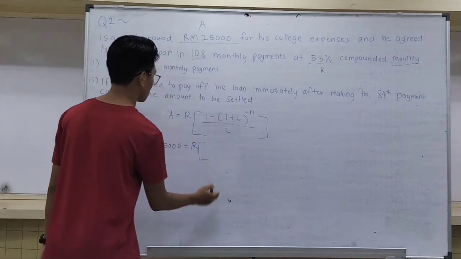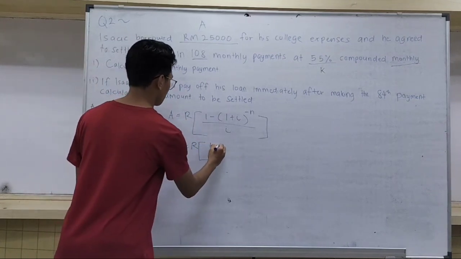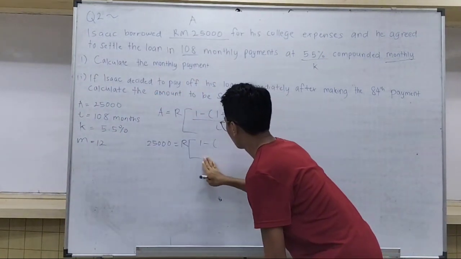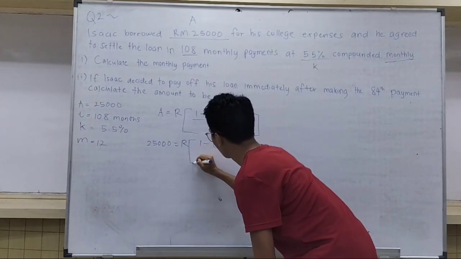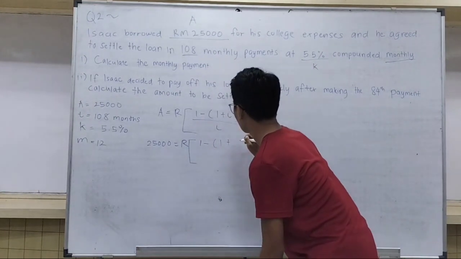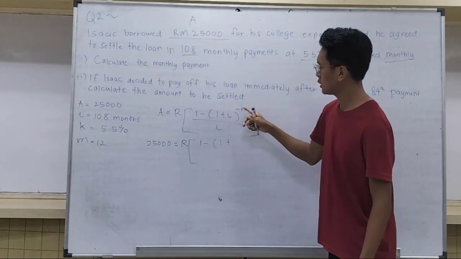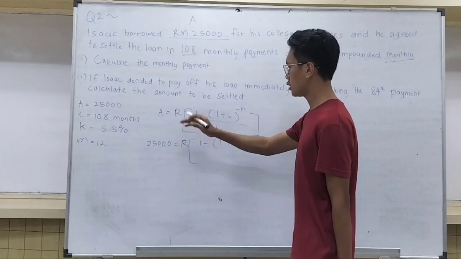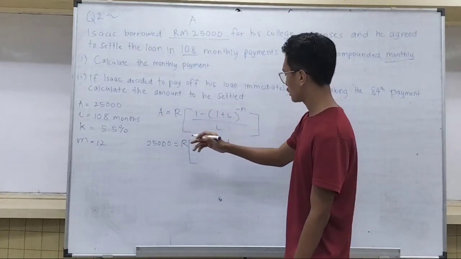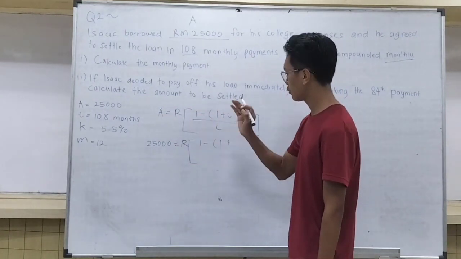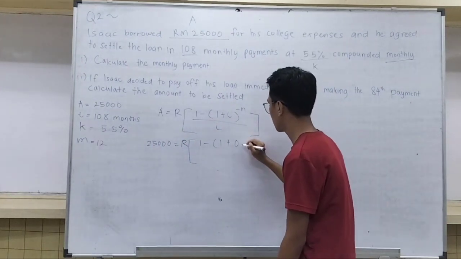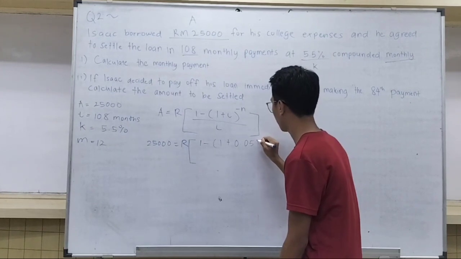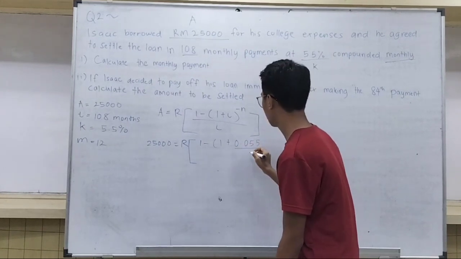Then bracket, 1 plus i, equal to k per m, right? So k, we need to change it to 0.055 per 12.